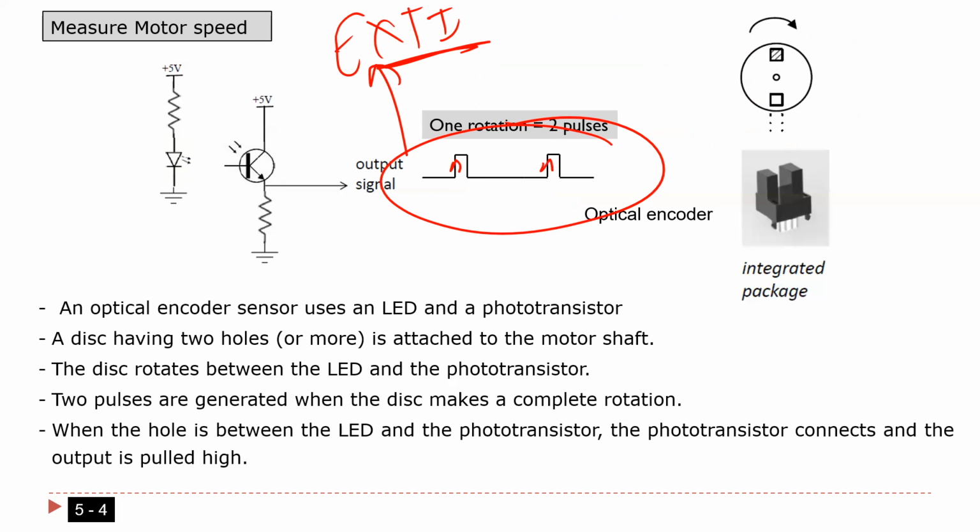So I'm going to enable external interrupt for 1 second, and then every interrupt I count: interrupt 1, interrupt 2, interrupt 3, interrupt 4, and so on. Once you know how many rising edges we have in 1 second, I can divide it by 2, because for every rotation there are 2, to get the measurement. So this is one way.